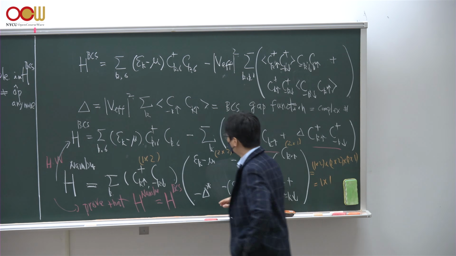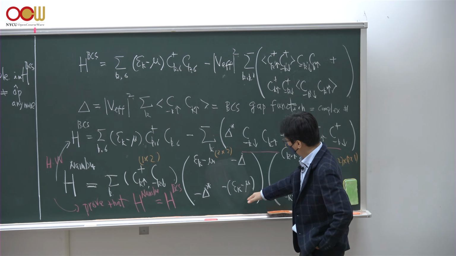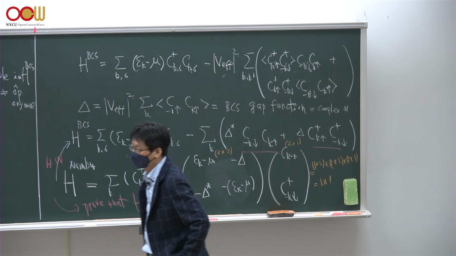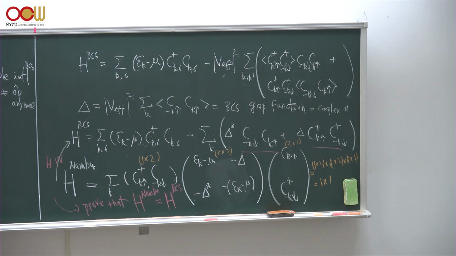So you can see that the Hamiltonian of the BCS theory simply requires finding the eigenvalues and eigenstates of this 2 by 2 Hamiltonian matrix, which you can do very easily from your quantum mechanics knowledge. From quantum mechanics, you know that if I represent a Hamiltonian, say for a spin 1/2 system, as a 2 by 2 matrix, the eigenvalues correspond to the eigenenergies of your system, and the eigenvectors are the eigenstates for the corresponding eigenvalue.